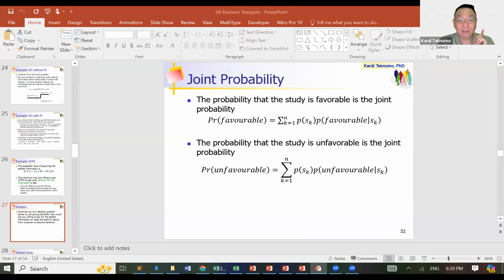And next, we have the third terminology, and don't worry, this is the last terminology, which is called joint probability. So joint probability is just the probability of the state of nature multiplied by the conditional probability, which is either likelihood or posterior.